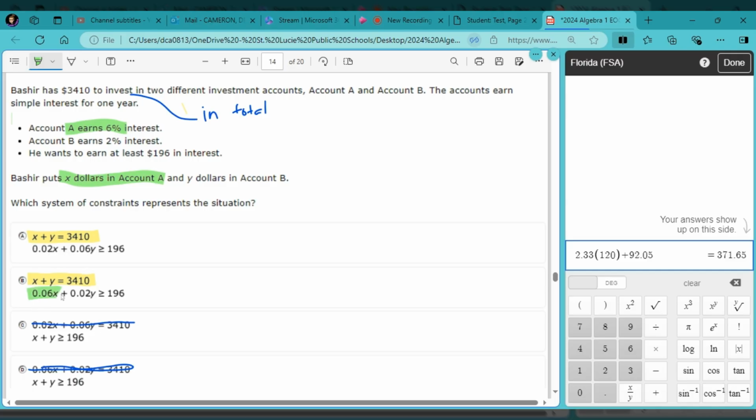This has the correct interest. I don't even need to really read the rest to know that answer choice B is going to be right. And then you can look, account B is earning 2%. And he wants to earn at least $196. So this amount of interest he's getting needs to be greater than or equal to 196. So this is the correct answer. Answer choice B.